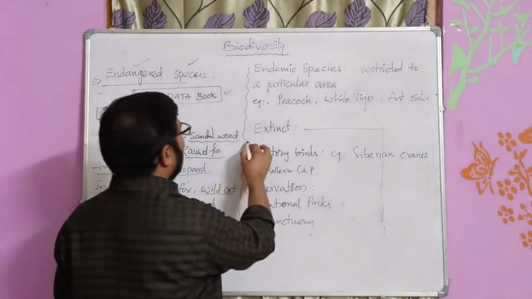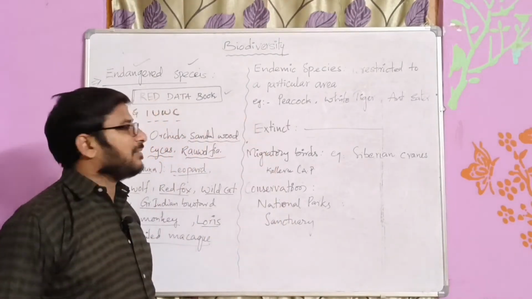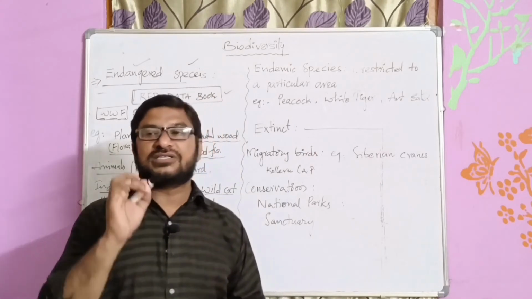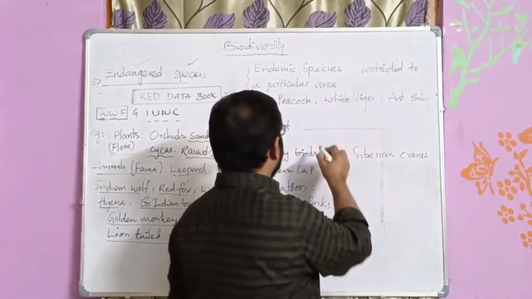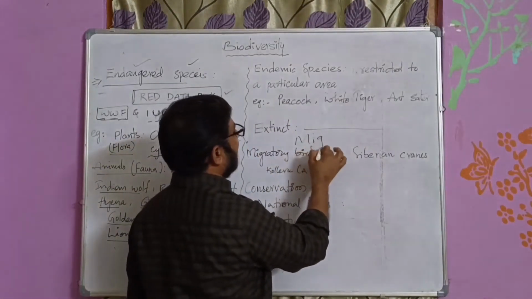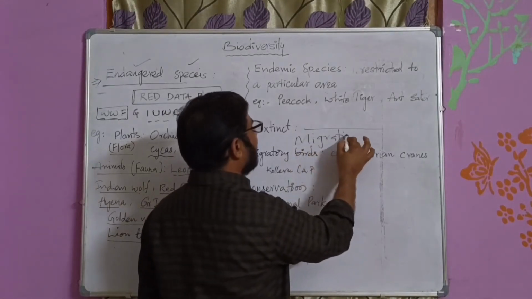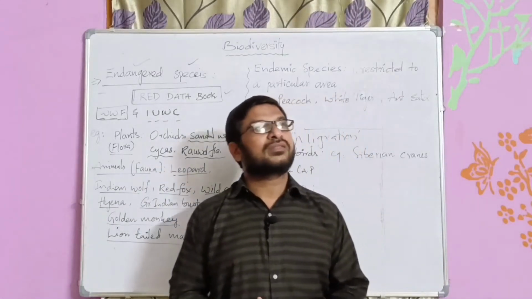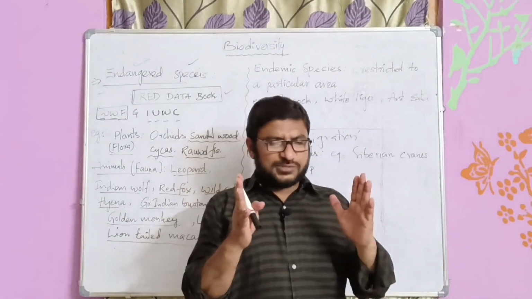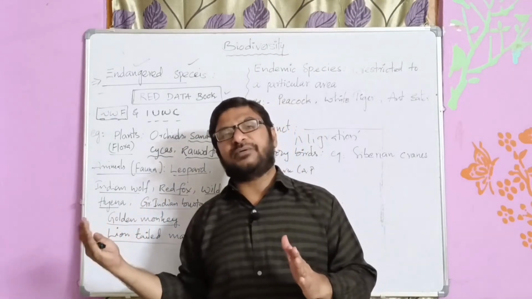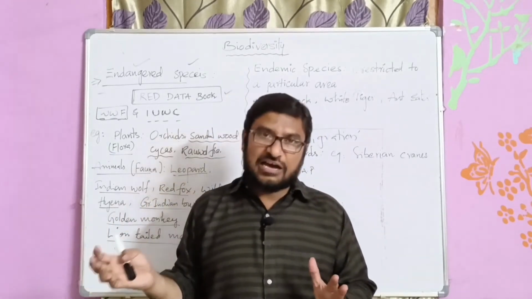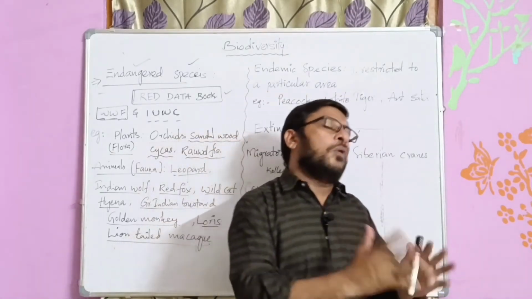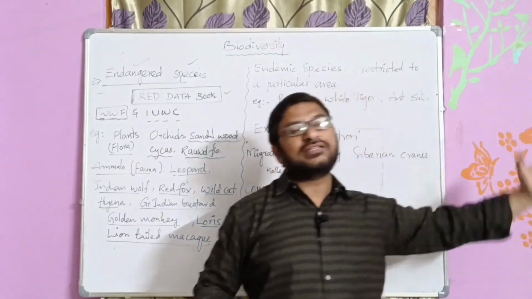Next, in this topic we have to discuss one more thing, that is migratory birds or migration. First of all, we have to know about migration. Why is it important? For example, if the species do not have a particular place or shelter or environment to survive, they have to move from one place to another place.